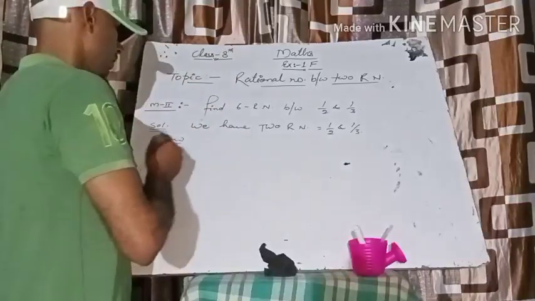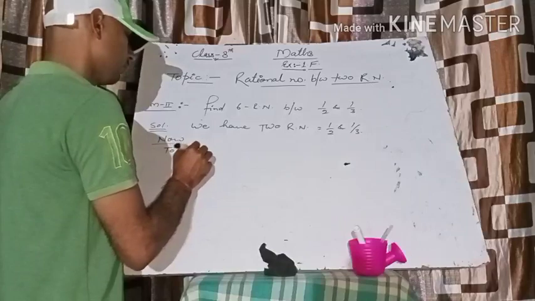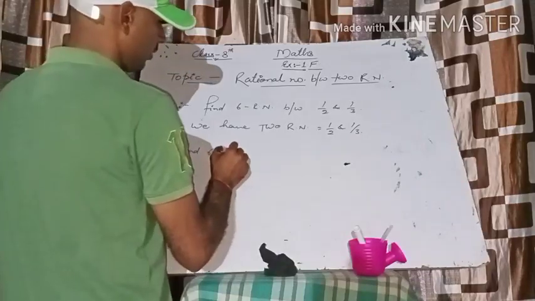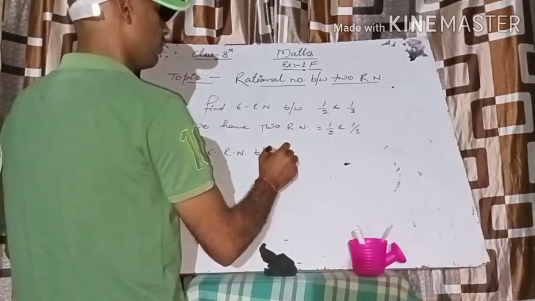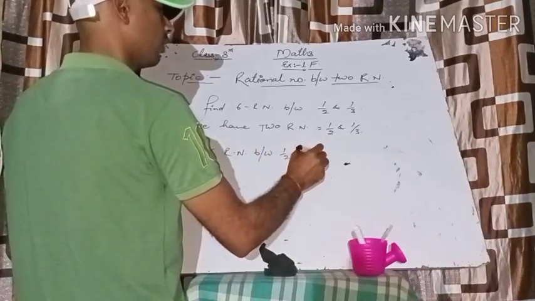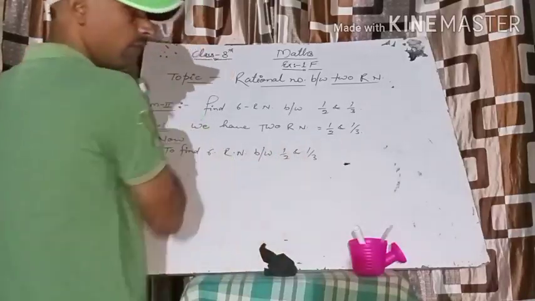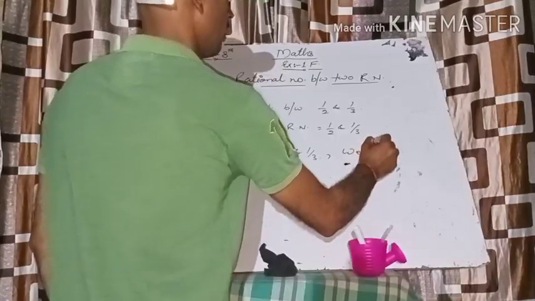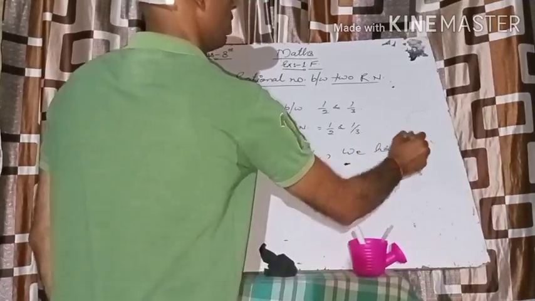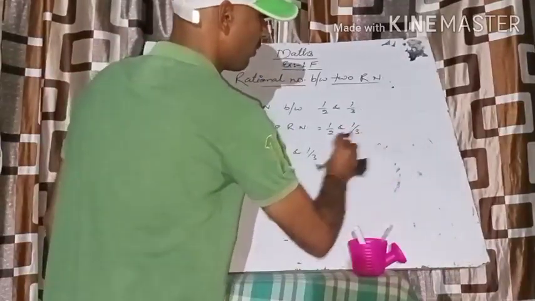Okay, now to find 6 rational numbers between 1 upon 2 and 1 upon 3, you can simply apply the method.